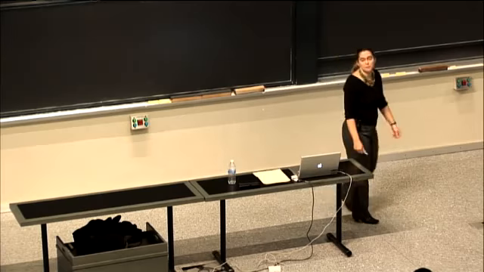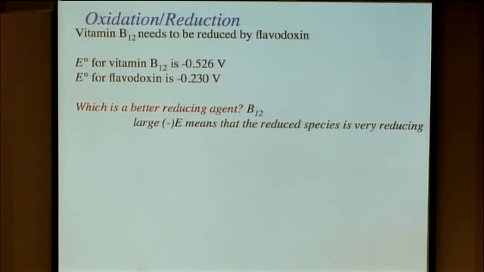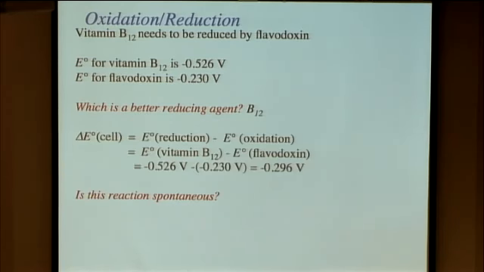So vitamin B12 is a better reducing agent. If you have a large negative number, then the reduced species is very reducing. So it wants to reduce other things and get oxidized itself. So that's interesting. It seems like vitamin B12 should be reducing flavodoxin and not the other way around.